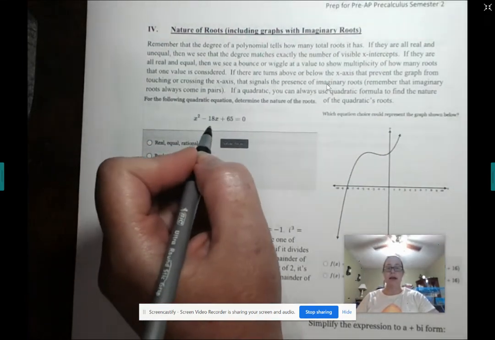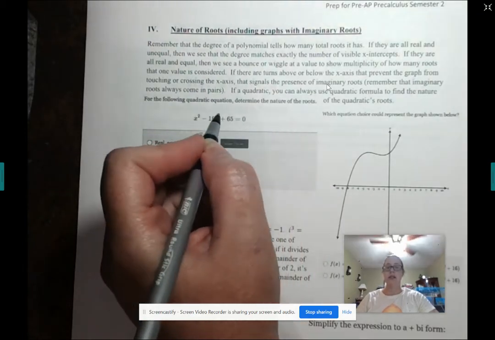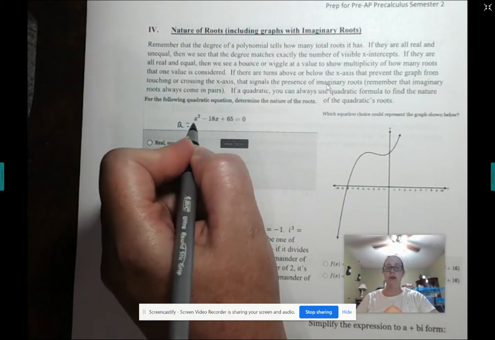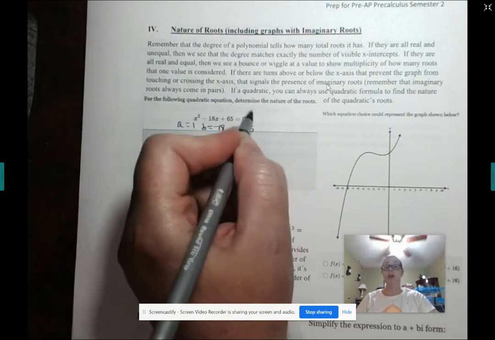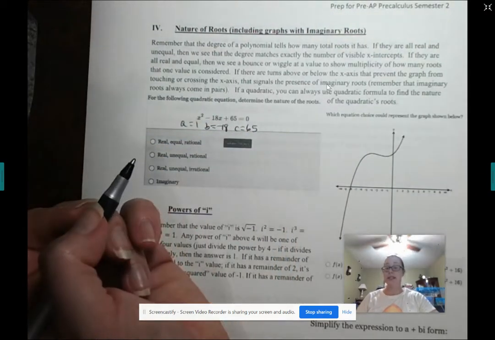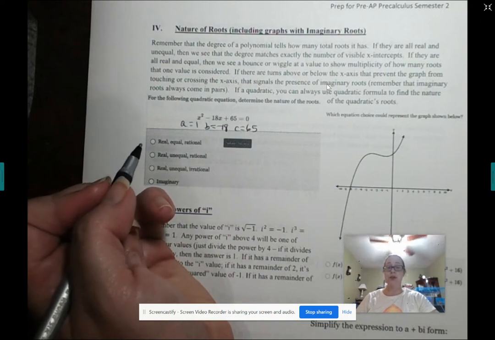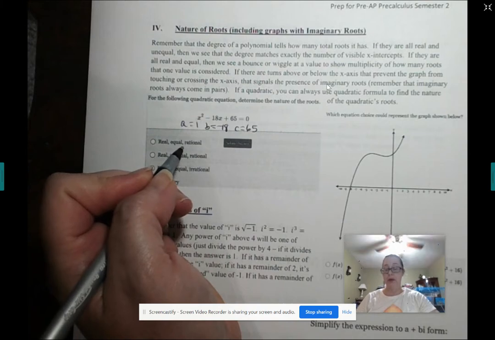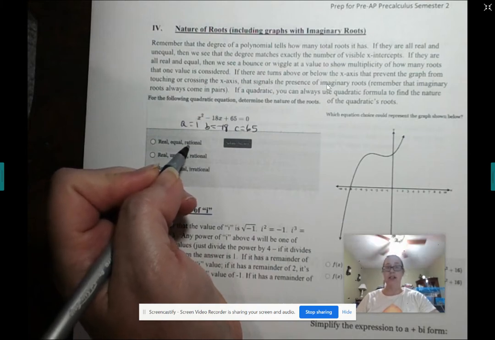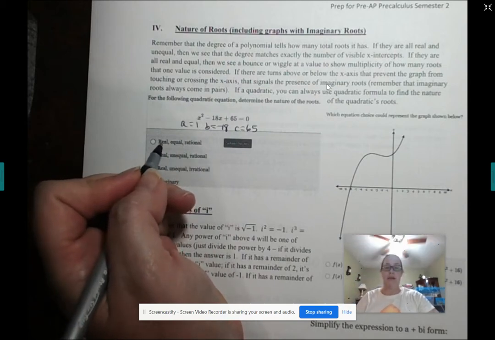So we're going to look at this quadratic that they gave us. It just says determine the nature of the roots. So we're going to take this a value, this b value, and this c value. You could graph this and see how many places it crosses the x-axis. If it crosses in one place, at a whole number, or even a perfect fraction like 1/2, or one that does not have a repeating decimal, that would be this example.